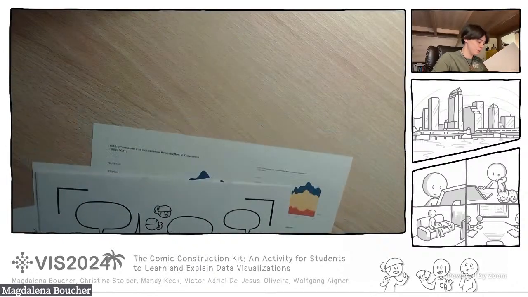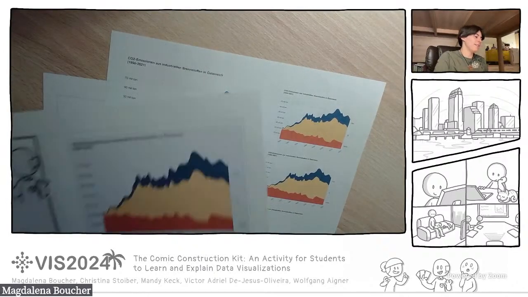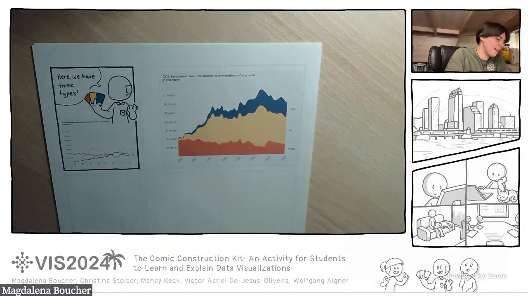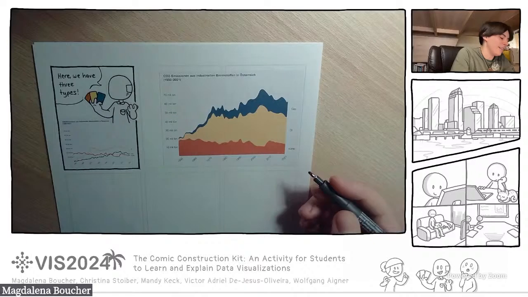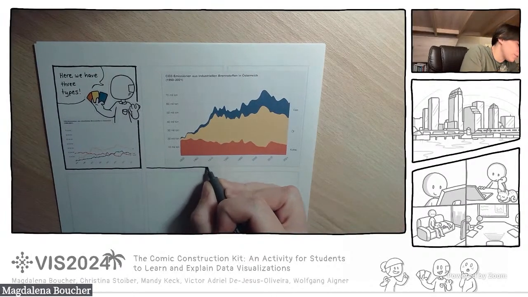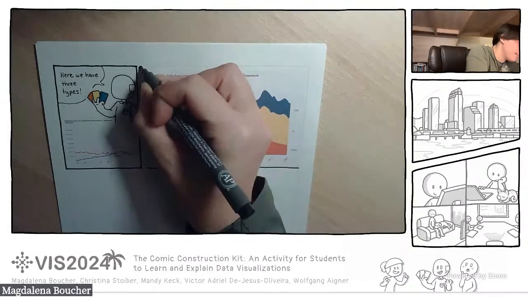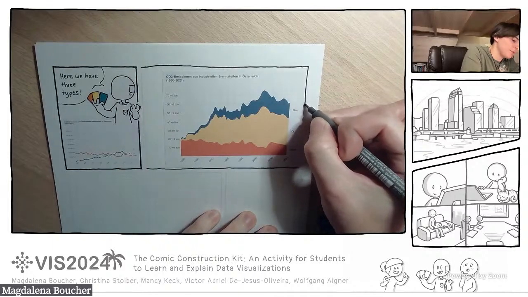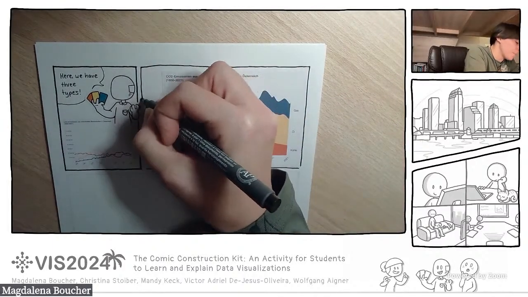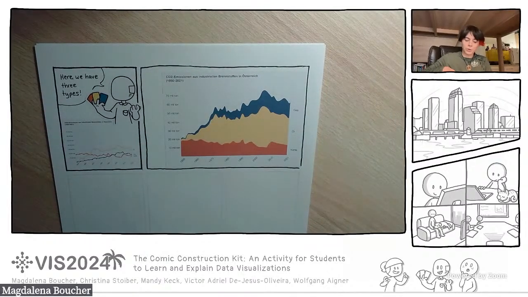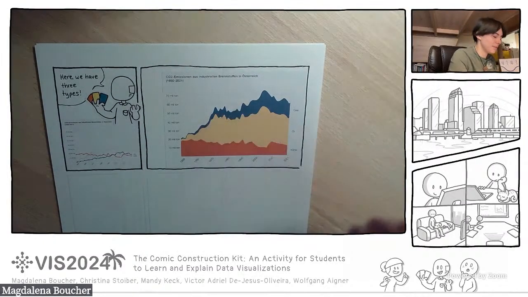And I could, for example, now go ahead and take this comic that I've prepared and say, okay, I want to talk about an area chart. And here I have this big area chart, so I need a big panel, so I can just go and make this big comic panel that spans over 2 of the grid spaces. And then maybe I could say, I want to point out a certain part here in the area chart.